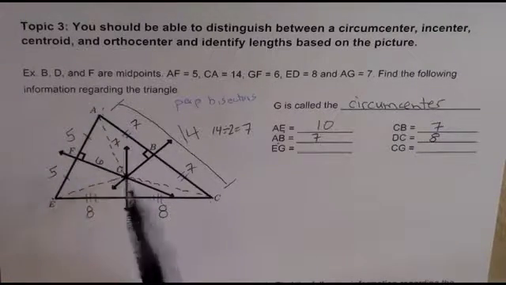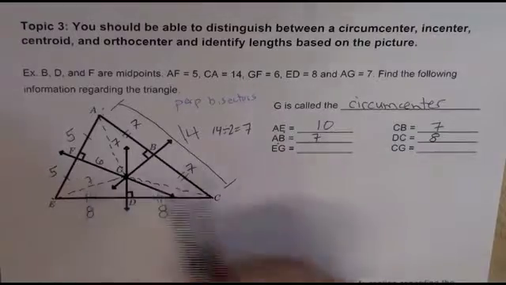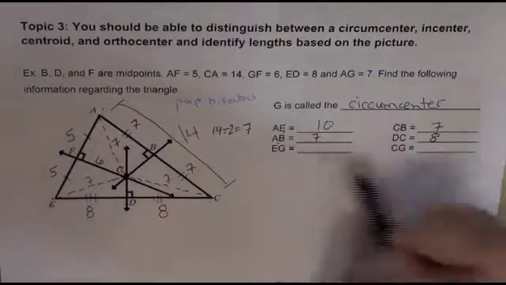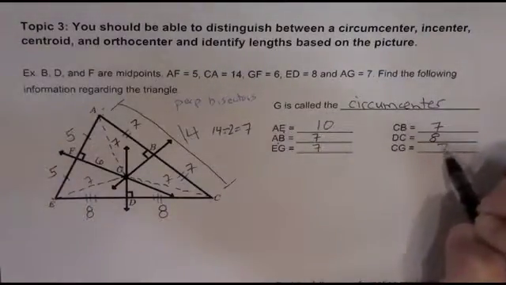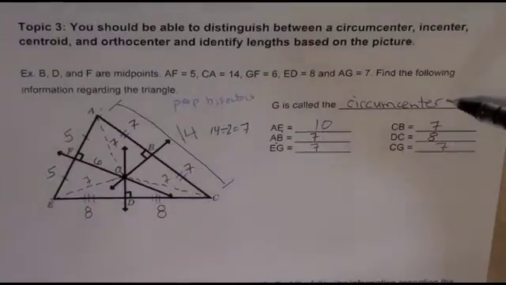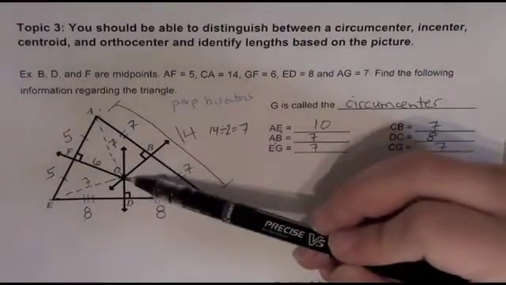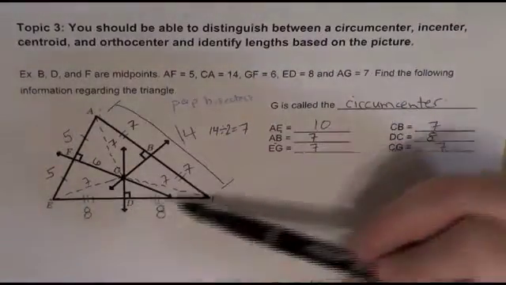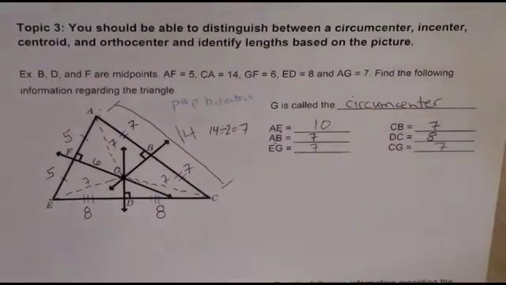Since AG is 7, EG is also 7, and CG is also 7. All a distance of 7. So the perpendicular bisectors create the circumcenter, and the circumcenter is equidistant to the three corners, the three vertices of the triangle.